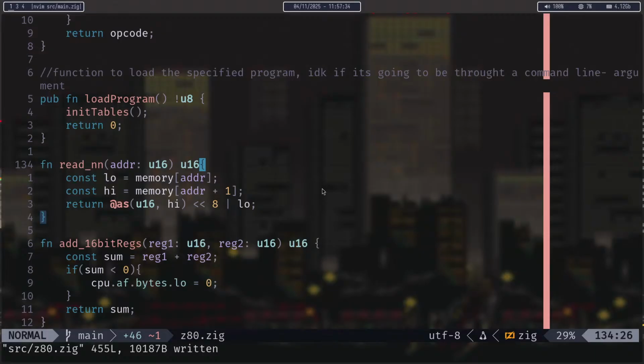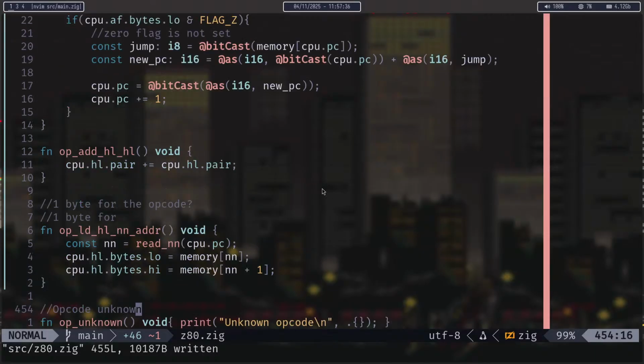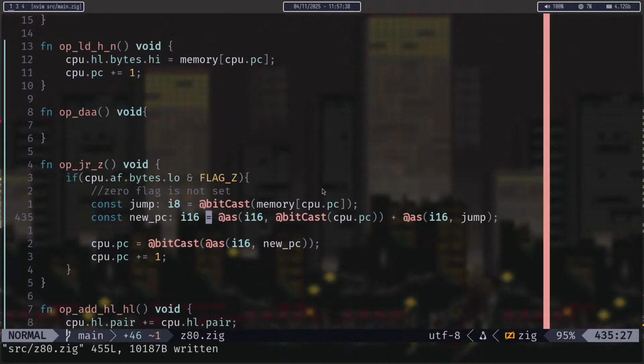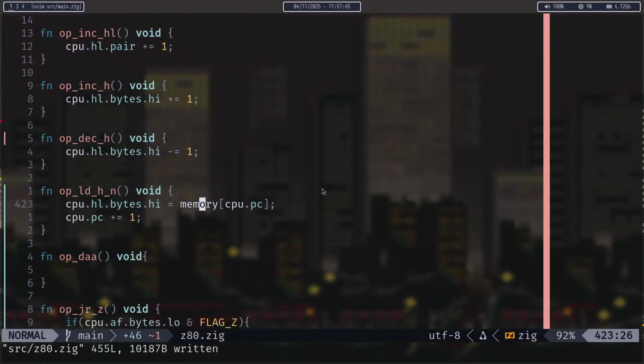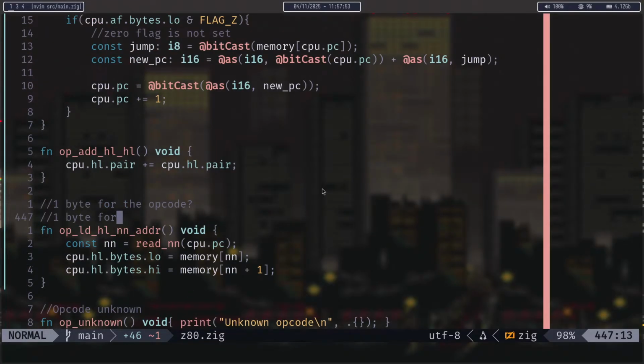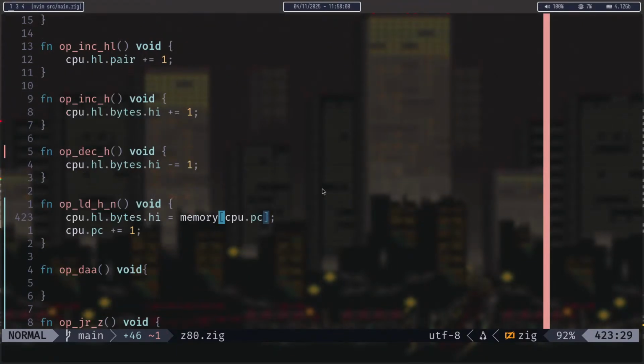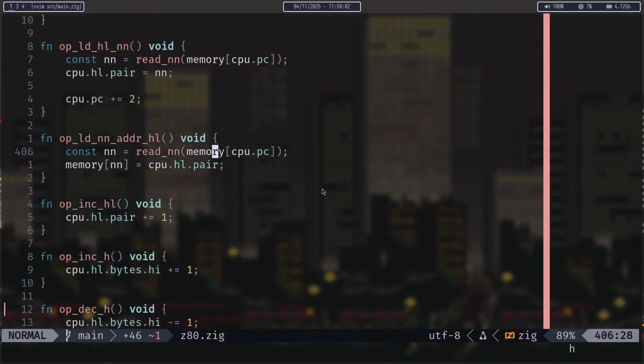Maybe yes, because I'm actually using the PC as this. Memory CPU.pc. But at the end of the day, this is not an address really. This is a value, right? So this wouldn't make sense, so it would have to be like this rather than this.